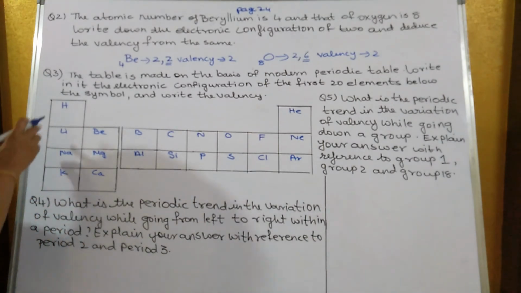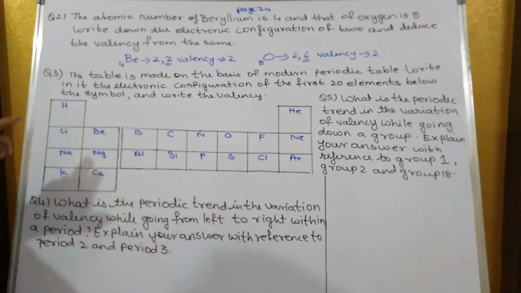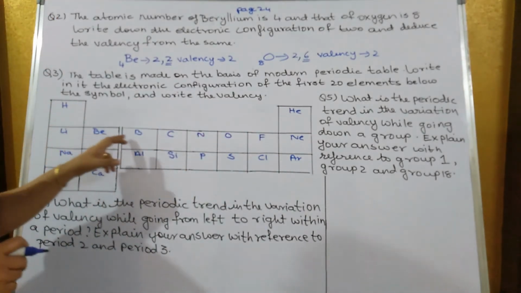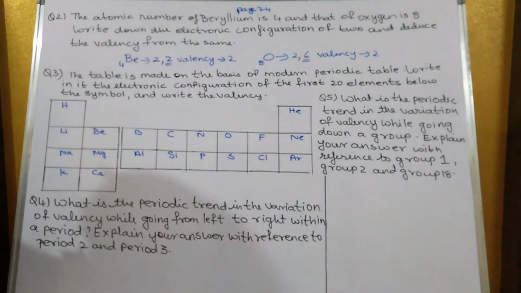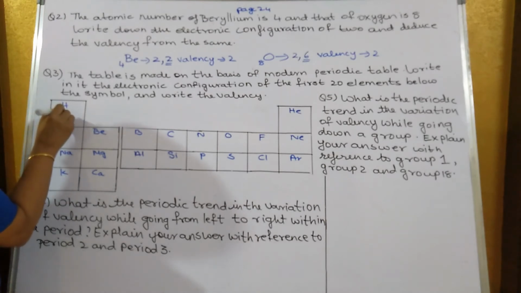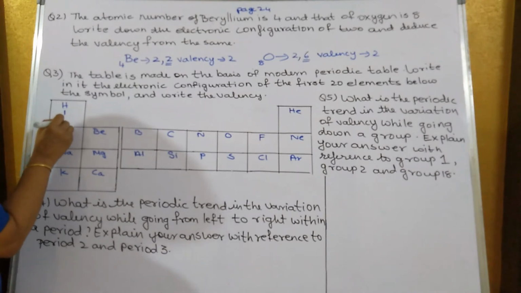Now what is the atomic number of hydrogen? 1 it is. The atomic number will go serially. This is 1, this is 2, this is 3, 4, 5, 6, 7, 8. So what is the electronic configuration over here? 1. It has 1 valence electron, so valency will be 1 over here.